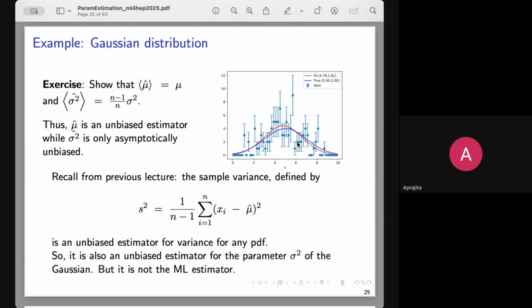So that means the parameter which maximizes the total probability to get this distribution is the correct parameter, or the most likely parameter. So the most likely parameter is the one that gives you the maximum probability to get this distribution of data. Is it understood?